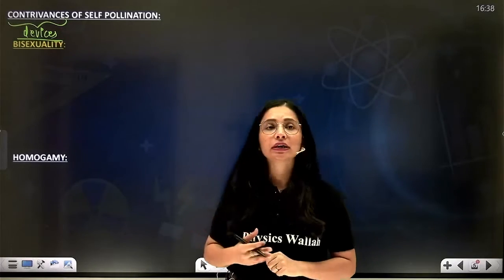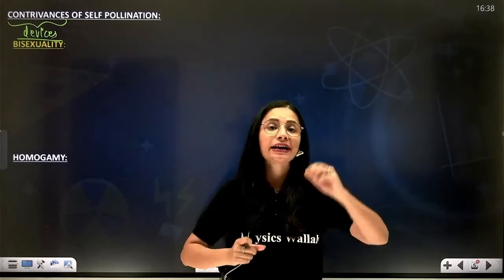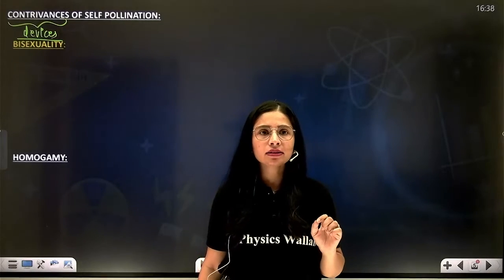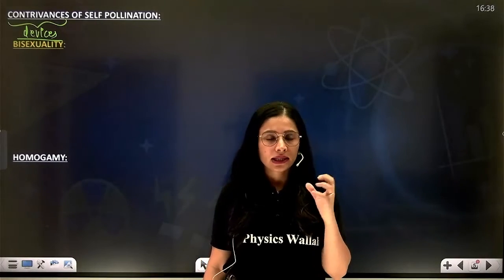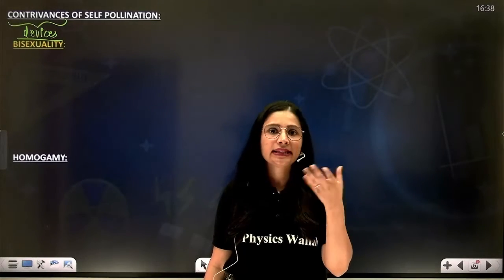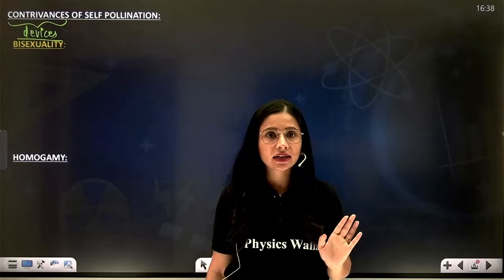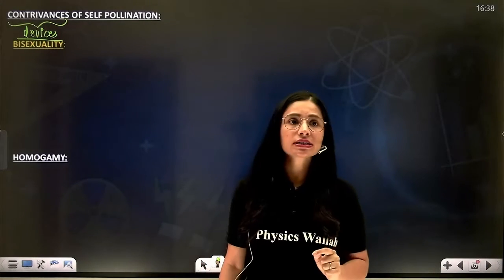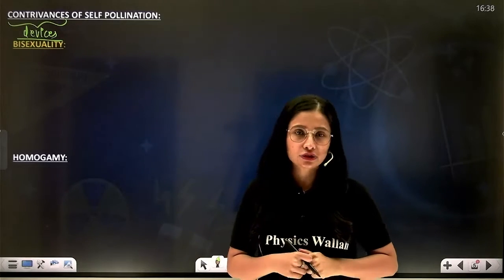In self-pollination, the first contrivance, beta, is bisexuality. Bisexuality means hermaphroditism. That means when the same flower has both the sex organs, then only self-pollination can occur. So the first thing which is very important to ensure self-pollination is bisexuality.